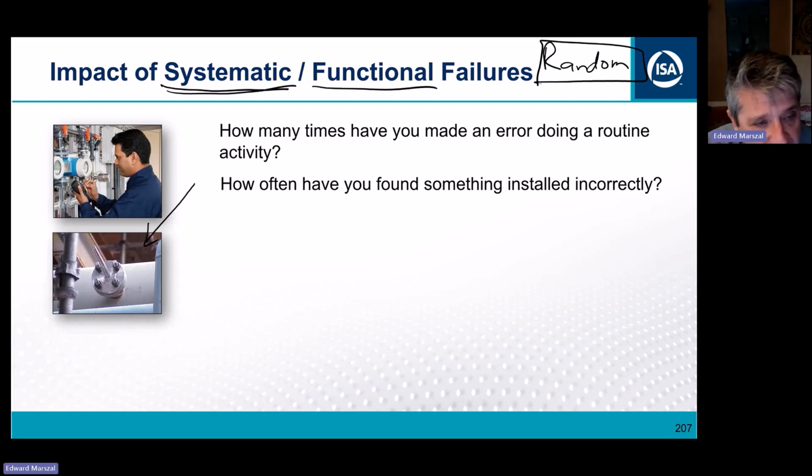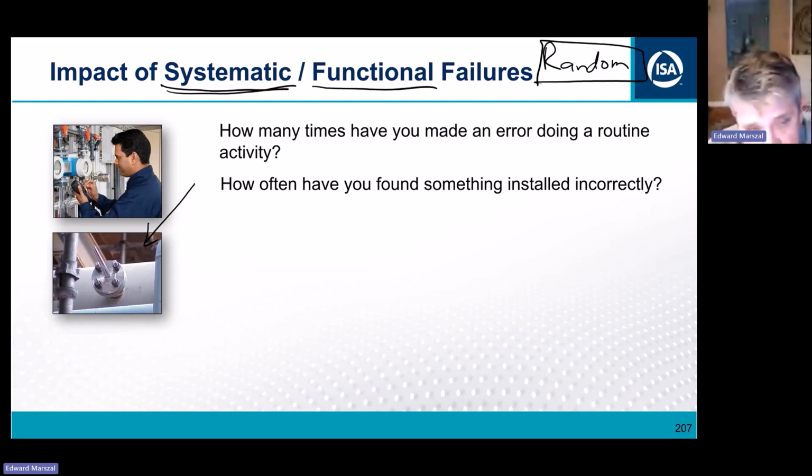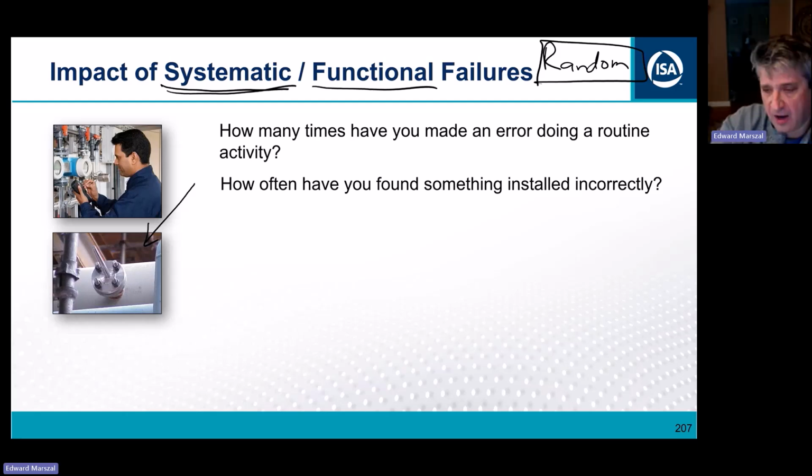shown. So it always is entertaining for me, and again, I have been told that people have actually seen this in the wild. So you're looking at a thermal well, and the purpose of a thermal well is to project into the process and give you a location inside the process where you could stick your thermocouple to make a better measurement.